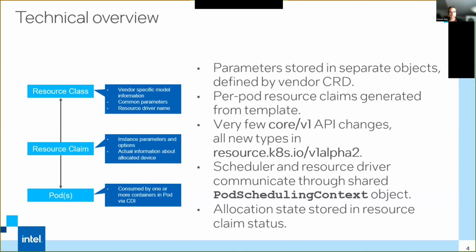But this is built in. What isn't built in is how to represent parameters. Those are not embedded inside those objects, but rather in separate objects, typically defined by a vendor CRD. So you get full validation of the parameters at the time of creating them, which is nice for users because if they make a mistake, they will get very early feedback from the Kubernetes cluster that something is wrong.